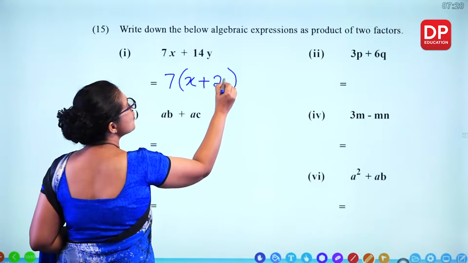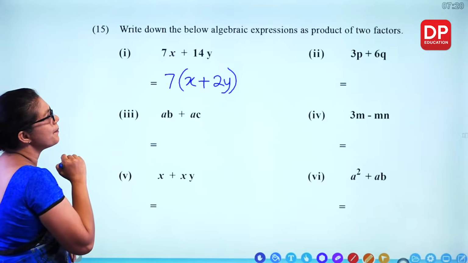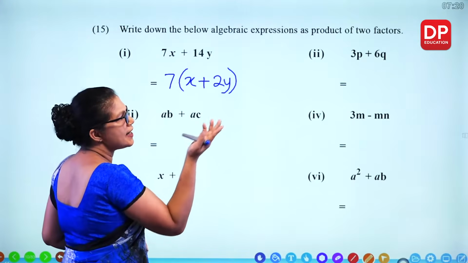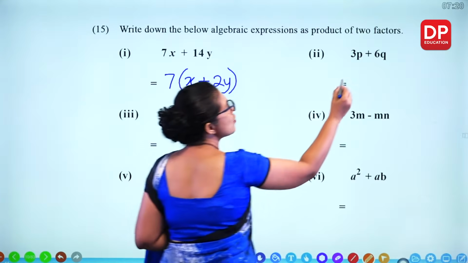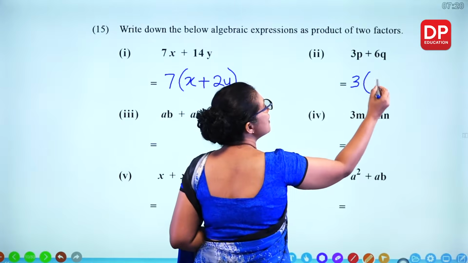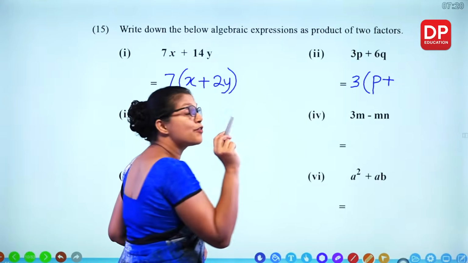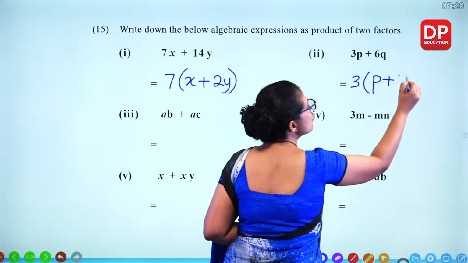So this becomes 2y. What about this one? 3, 6. What's common? p and q. Both are not common. So 3, take it out. What's remaining? p plus 6. You get 3 times 2. So this is 2q.